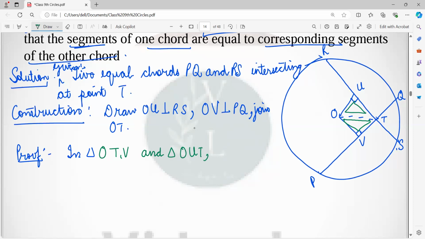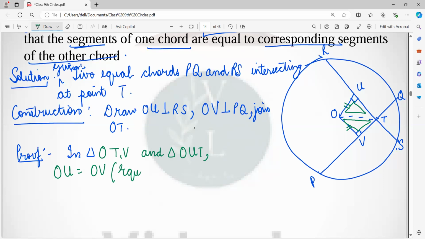Now in the two triangles, we know that OU is equal to OV. Why are these equal? Because these are the perpendiculars drawn from the center to the equal chords. And we know that equal chords of a circle are equidistant from the center. We have learned this theorem.